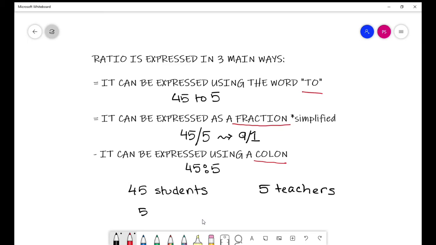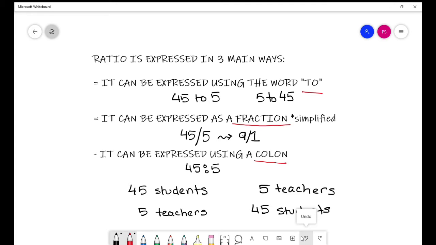That means instead of saying 45 students to 5 teachers, if I said there are 5 teachers for every 45 students, if I had to express this ratio, instead of writing 45 to 5, I would write 5 to 45. Because whenever we're dealing with ratio, whatever quantity is expressed or named first, that number should be in the beginning.